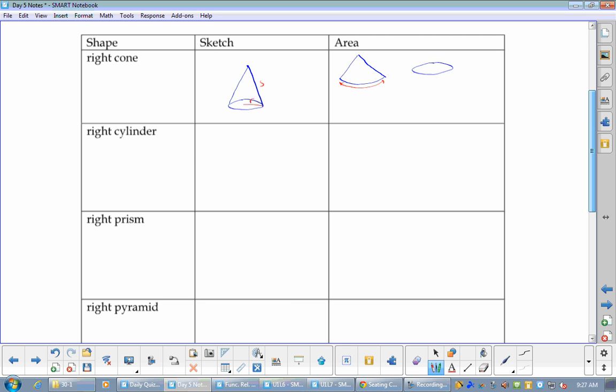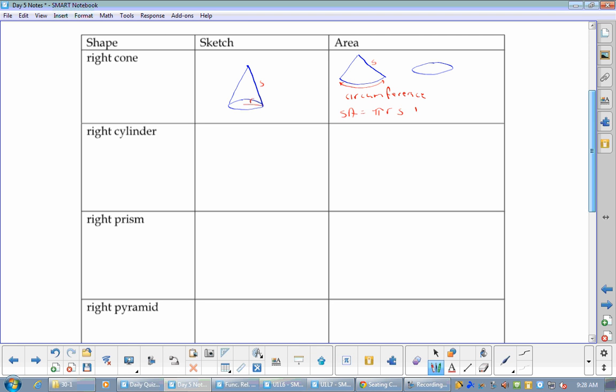Yes, very good. This would be the circumference. Remember, this was our slant height. So the surface area of this would be pi times r times slant height. Okay, that's how we do that.